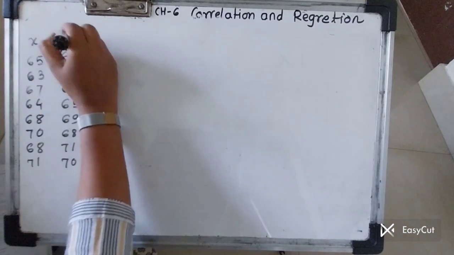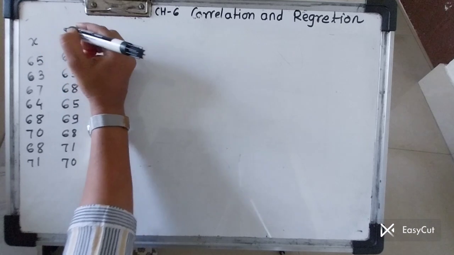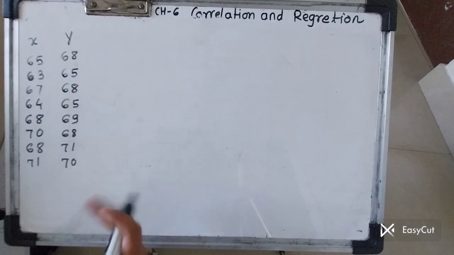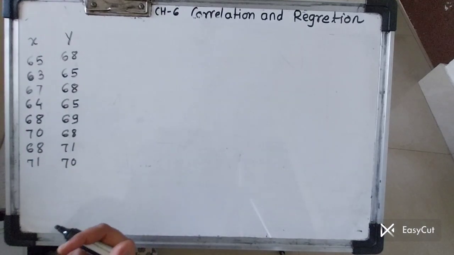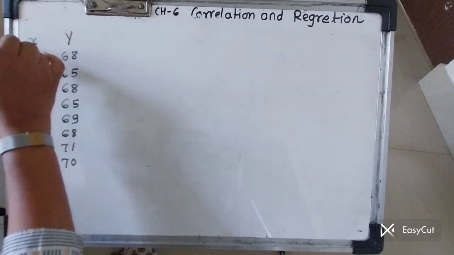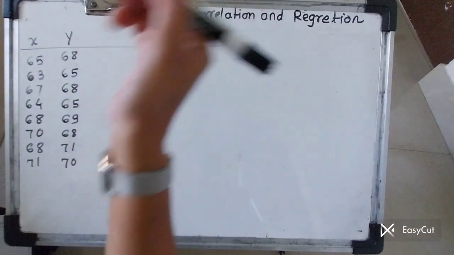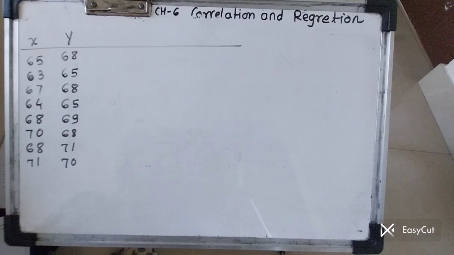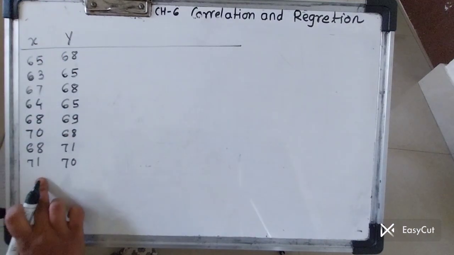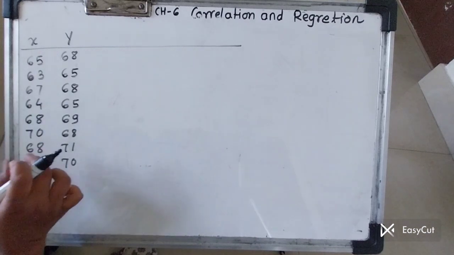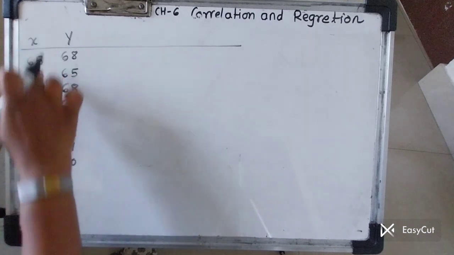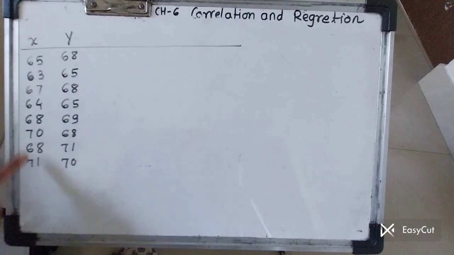See, x and y are given in the Nirali book, already solved in the book by the deviation method. Okay. From the x values, I select one value, a, that is 60, because 60 is nearer to all.